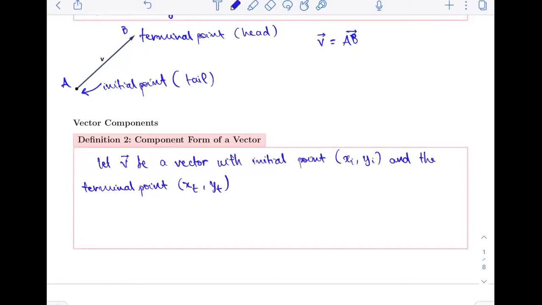The sub t indicates that it is the terminal point. Then the vector v is expressed as v equal to (x sub t minus x sub i, y sub t minus y sub i). By doing this, we can calculate the value of the vector.